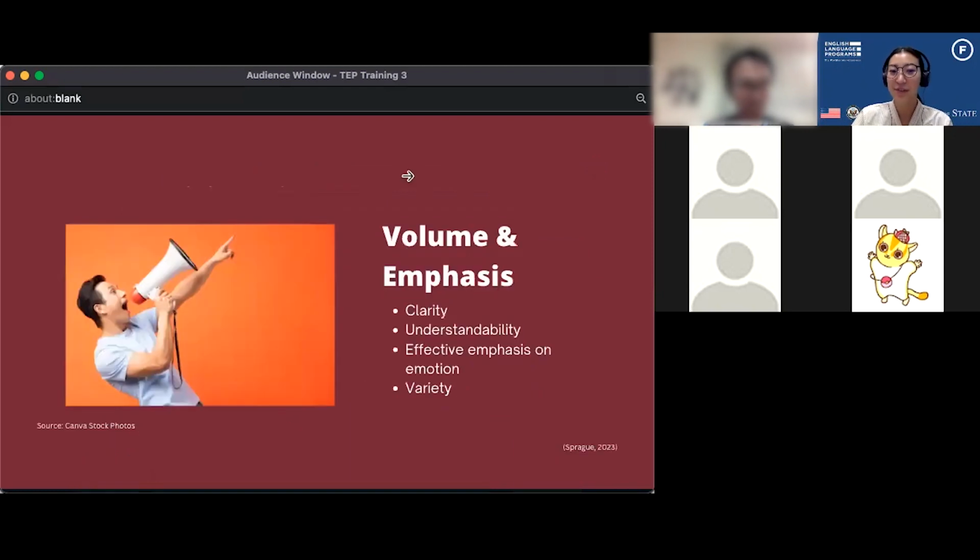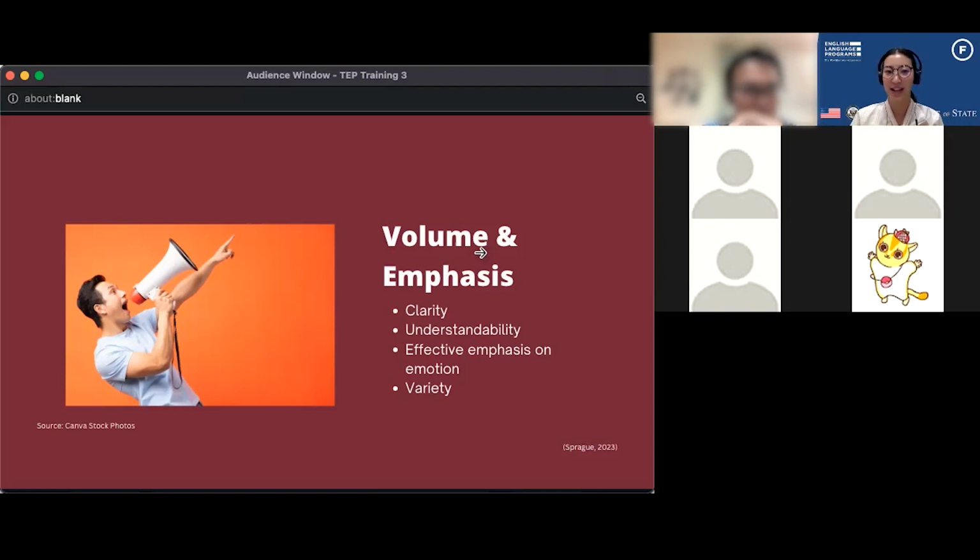So the first area is volume and emphasis. Volume refers to how loud, right? So are you speaking very quietly like this? Or are you speaking very loudly? Right? And emphasis refers to saying certain words a little louder and longer than other words.